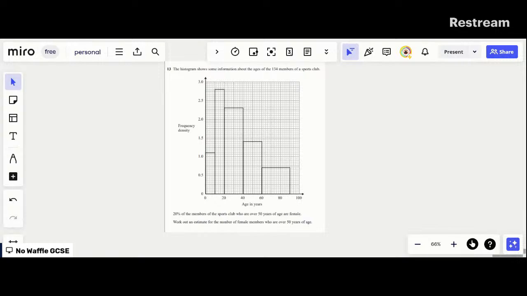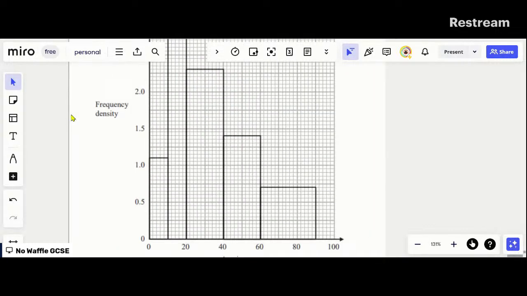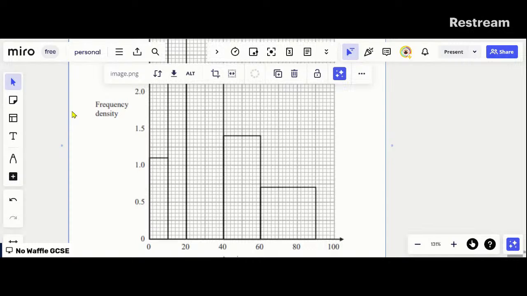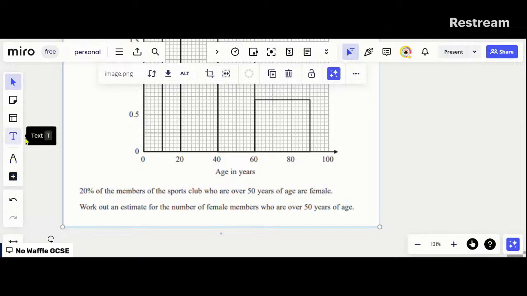20% of the members of the sports club who are over 50 years of age are female. So we can find the frequency of the people who are over 50 years of age, but what is the actual question asking us? The question is asking us, work out an estimate for the number of females who are over 50 years of age.